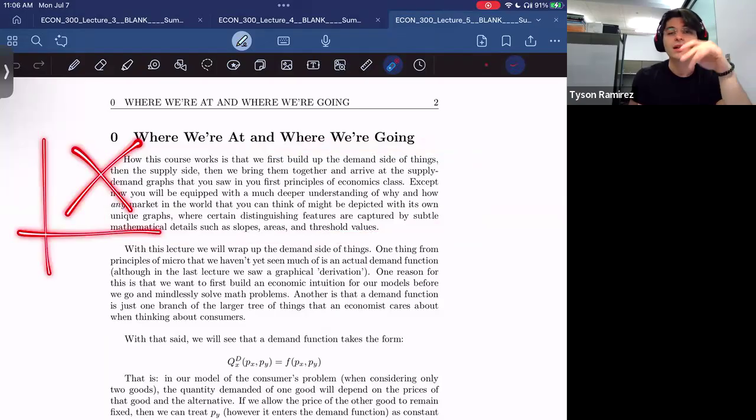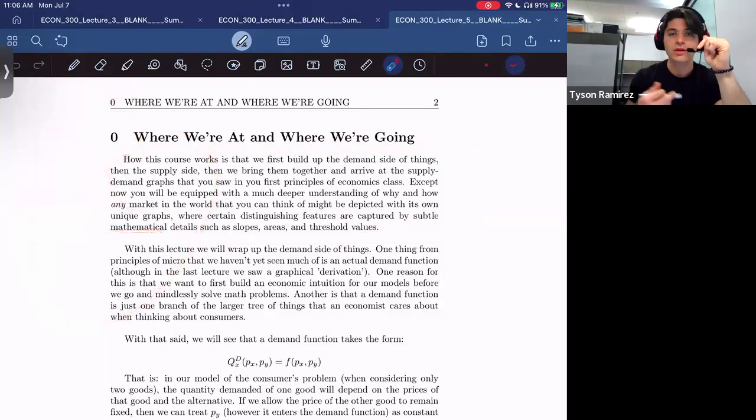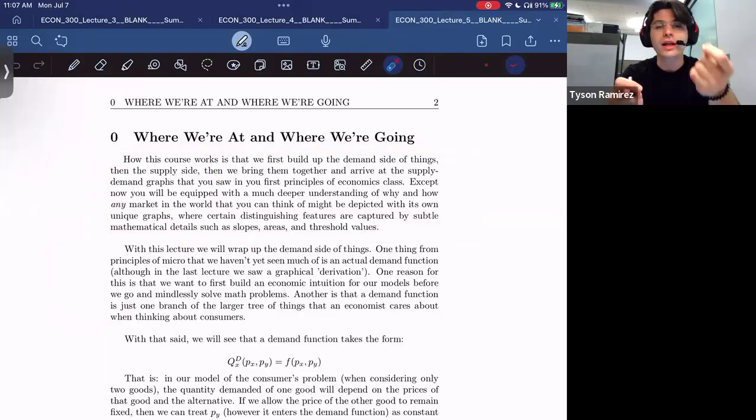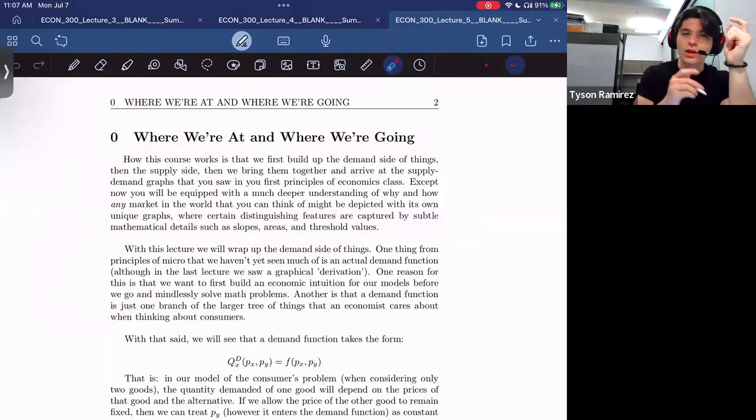The difference here, as opposed to these supply demand graphs that we saw in our principles of micro class, is that now, after taking this class, you will have a much, much deeper understanding of just exactly where these curves come from and why they look the way they do.